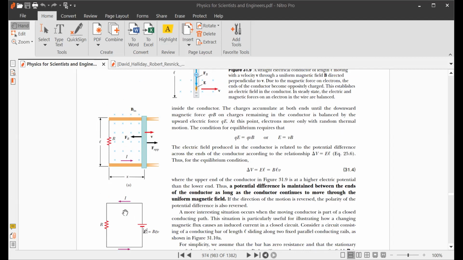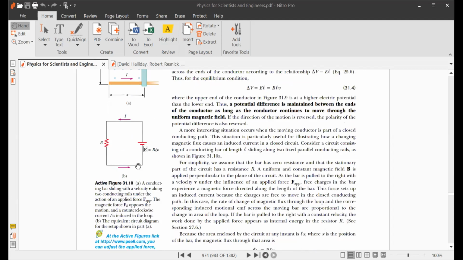So you will get the direction of this current is to the left in this case.